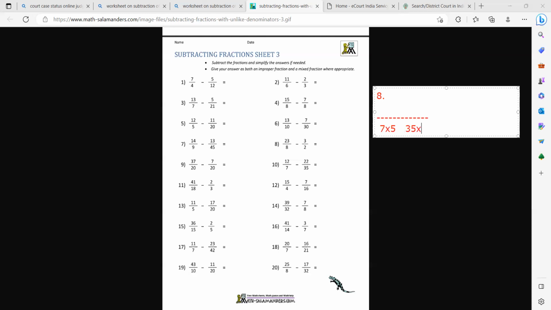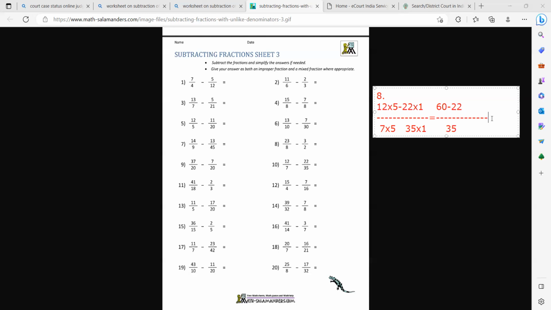Now what else? 12 into 5 and minus 22 into 1. Then what is the answer coming? 12 into 5 is 60 and 22 into 1 is 22. So 60 minus 22. Give the answer as, the denominator is 35.